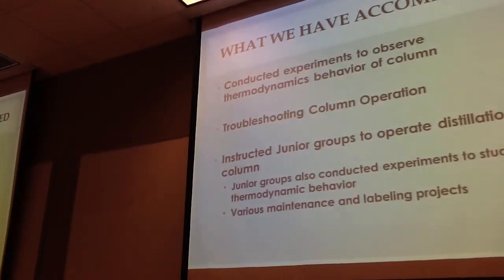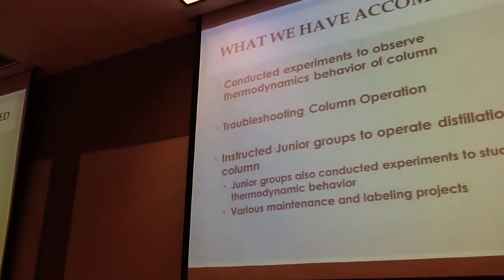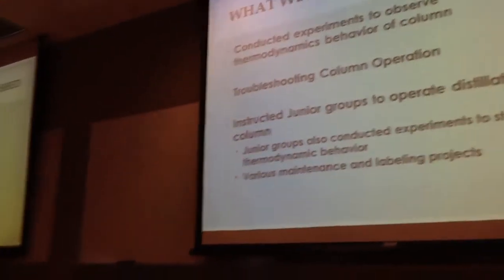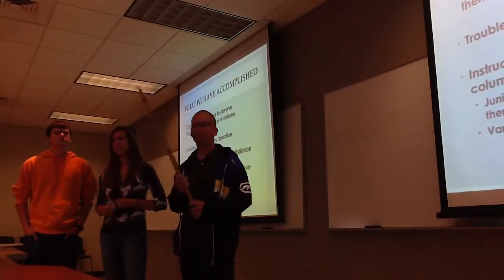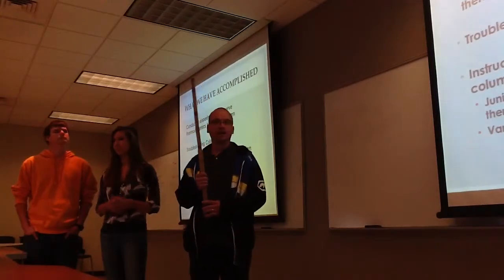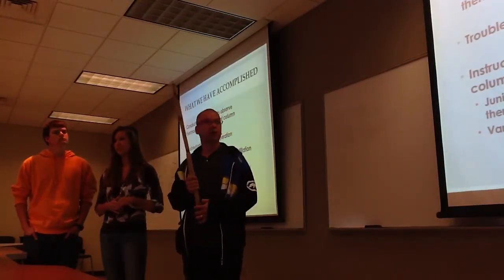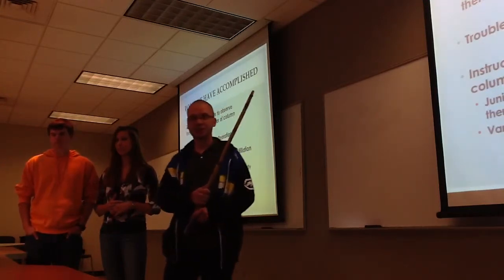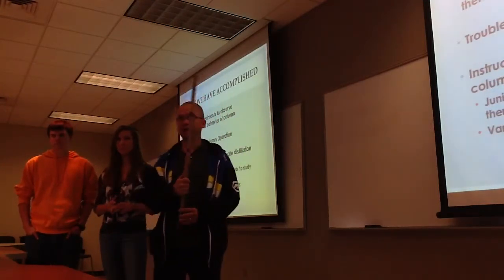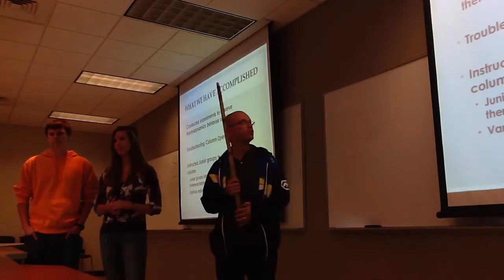We would like to do more to further understand the column, because every time we start to get some consistency to our data, we end up running into another mechanical issue. And so we've just now started doing the batch distillations and the analysis and figuring out the way to approach the analysis of those.